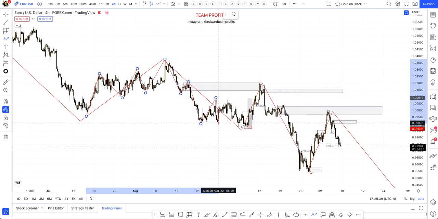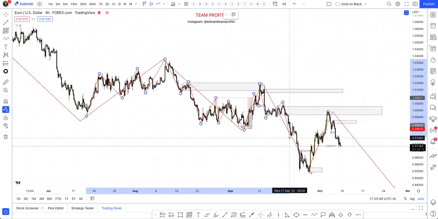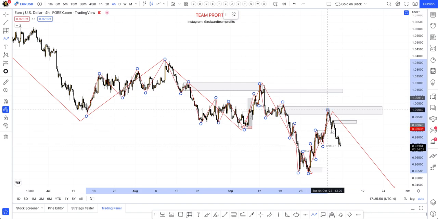Of course, in real life, the market will give you a lot of challenges, right? But that's why we are here, to become profitable traders and professional traders. Right here, big change of character, right?